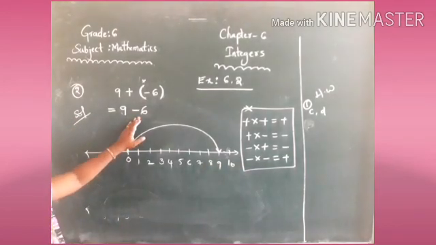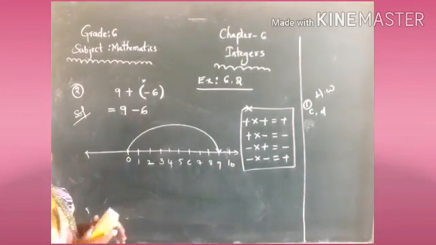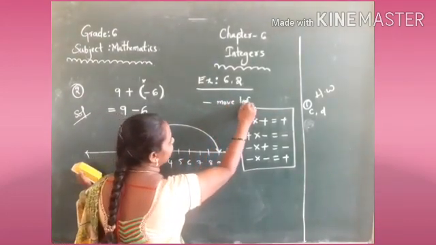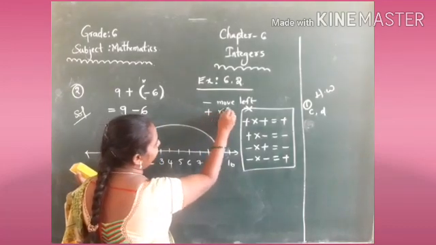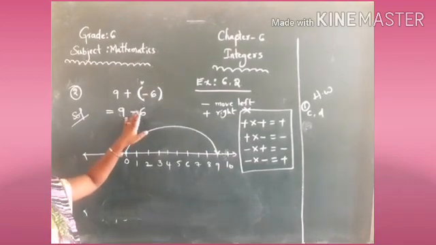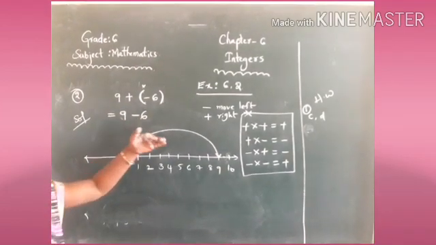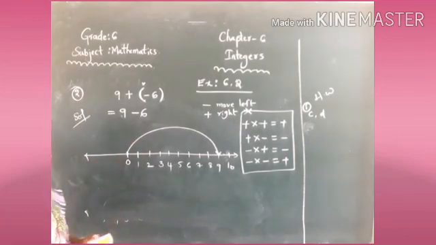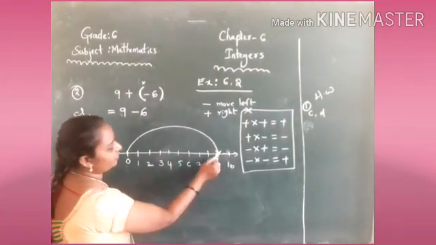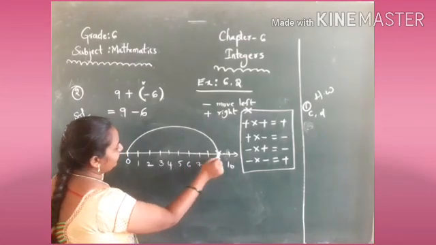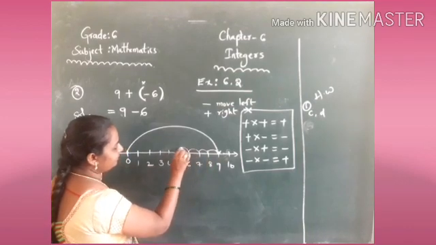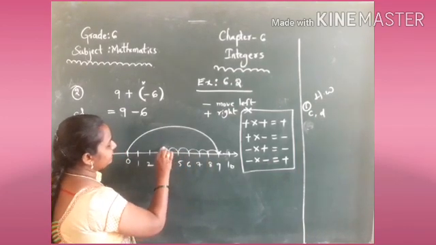Now our next step is minus 6. I said you know, minus means you have to move left side. Plus means move right side. So here minus 6, you have to move 6 steps left side from 9. Now move from 9, 6 steps left side. 1, 2, 3, 4, 5, 6.